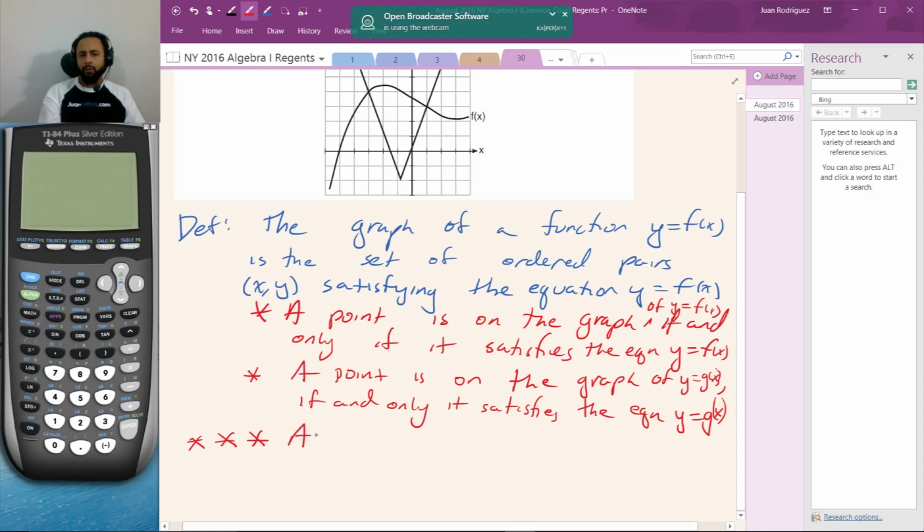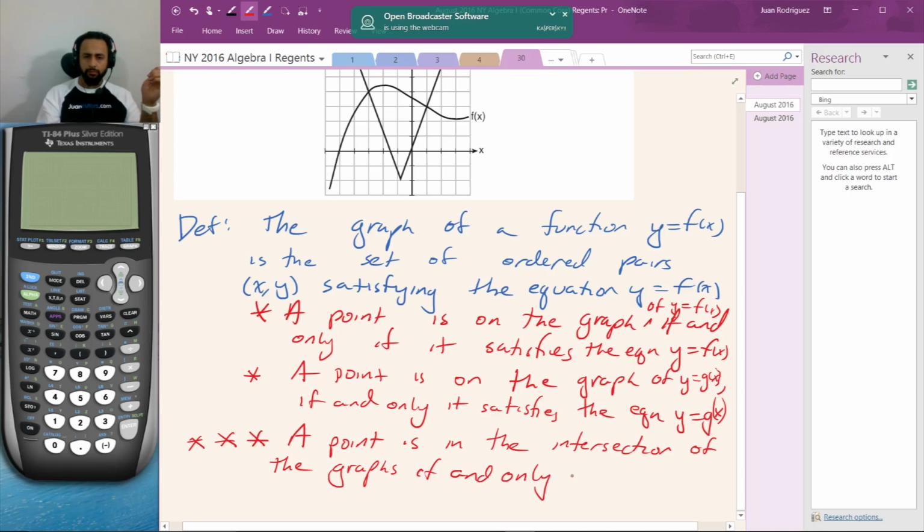So a point is in the intersection of the graphs if and only if, well, it's on the first graph, so it has to satisfy y equals f of x, and it's on the second graph, so it has to satisfy y equals g of x, which means it satisfies both.